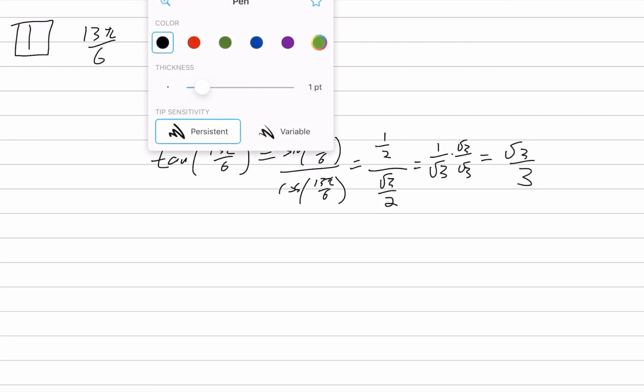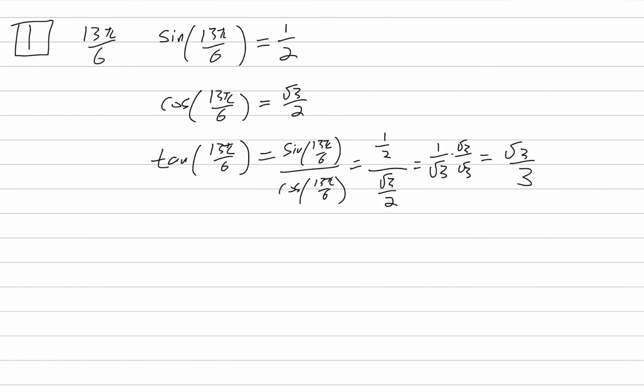So then we find cosecant, secant, and cotangent. So for cosecant, this is same as 1 over sine of 13 pi over 6, which means we can actually just write the reciprocal of this, which is just 2.